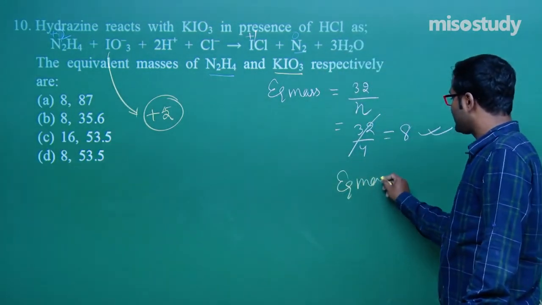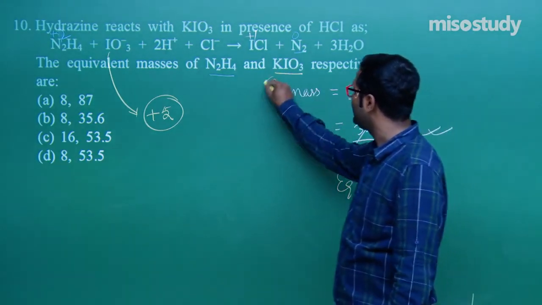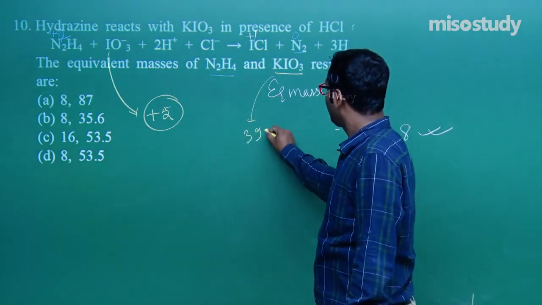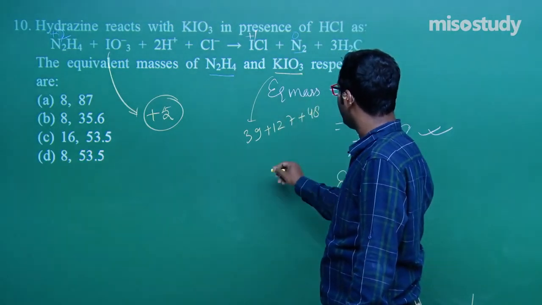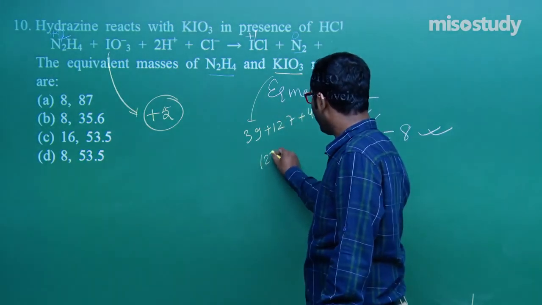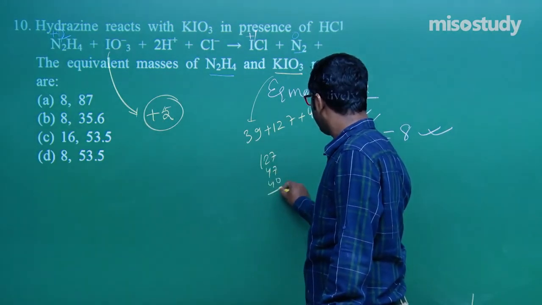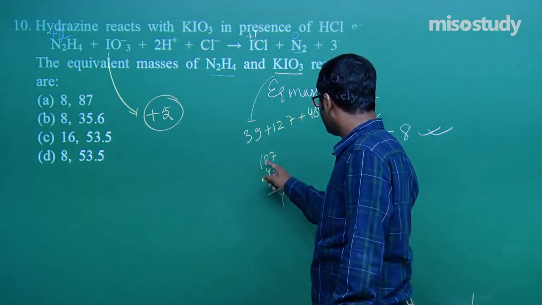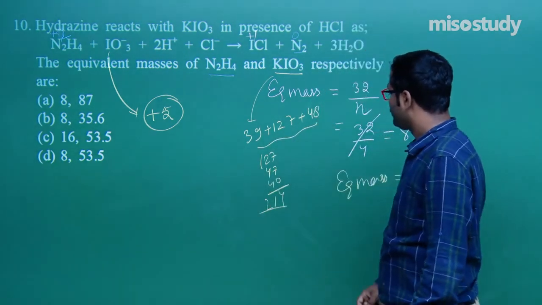Sir, equivalent mass is equal to molecular mass upon n. Molecular mass of KIO3, tell me. Sir, 39 plus 127 plus 3 into 16, 48. If I add them, we get 214.